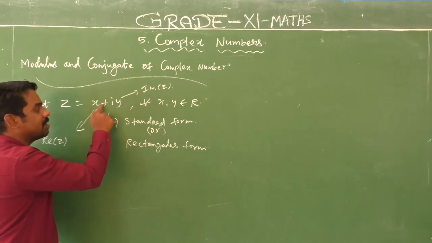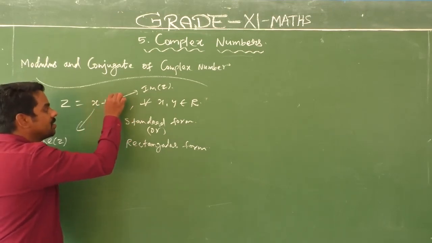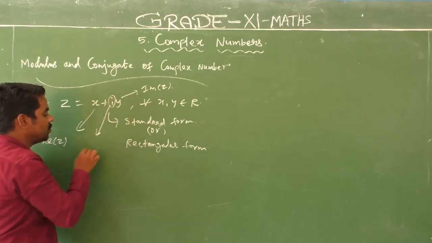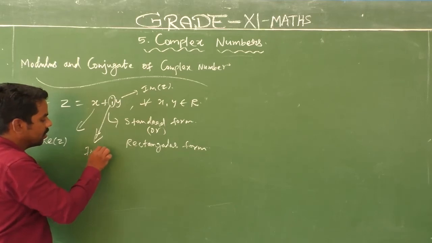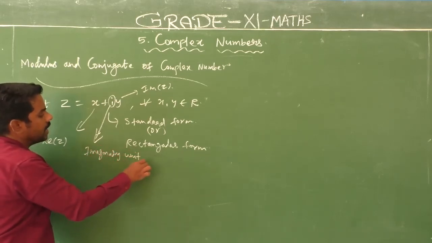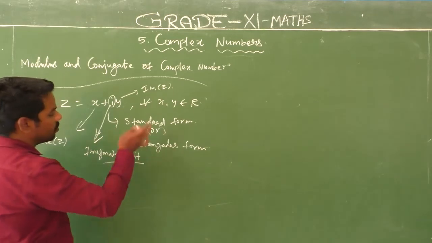And i is called the imaginary unit. So x is the real part, y is the imaginary part and i is the imaginary unit.